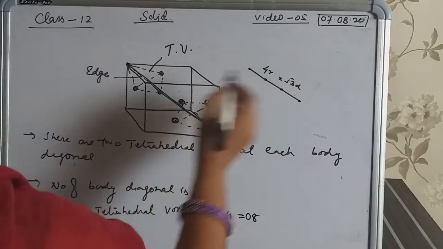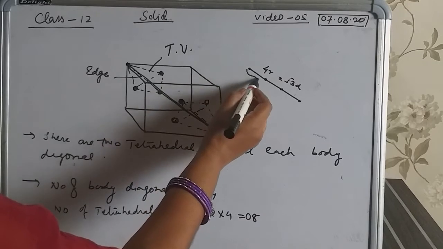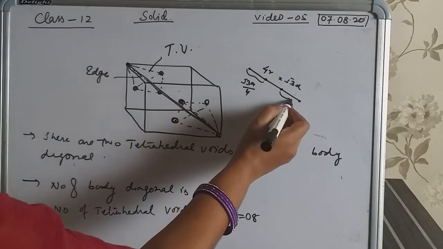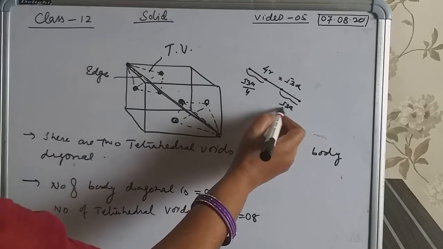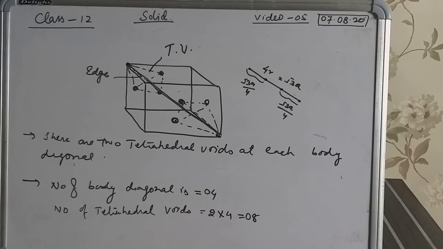So students, for the tetrahedral void, from here to here is root 3a by 4, and from here to here is root 3a by 4. This is a. In this way you can easily find out the tetrahedral voids in CCP or FCC cubic structure.